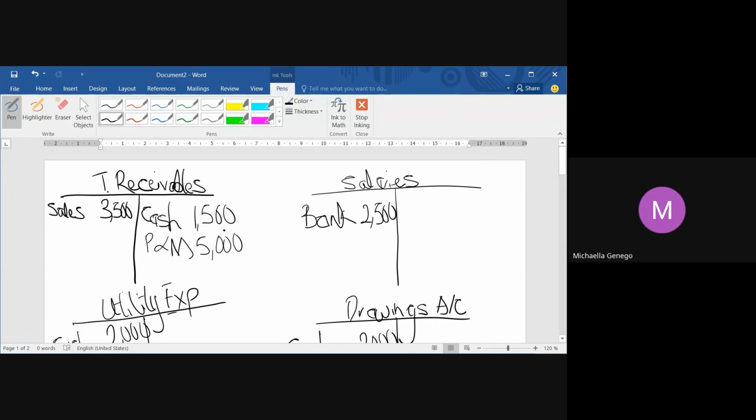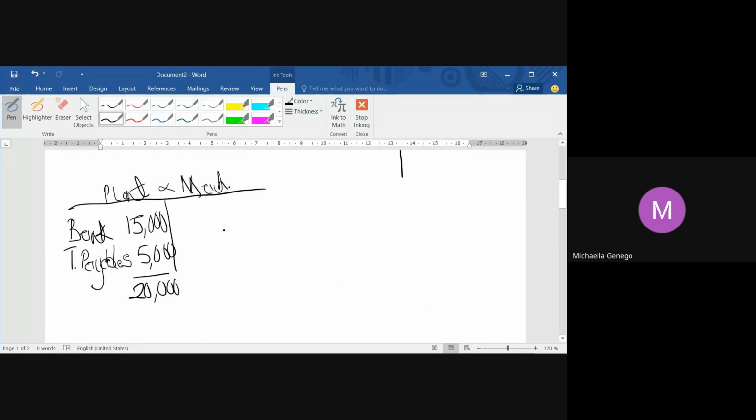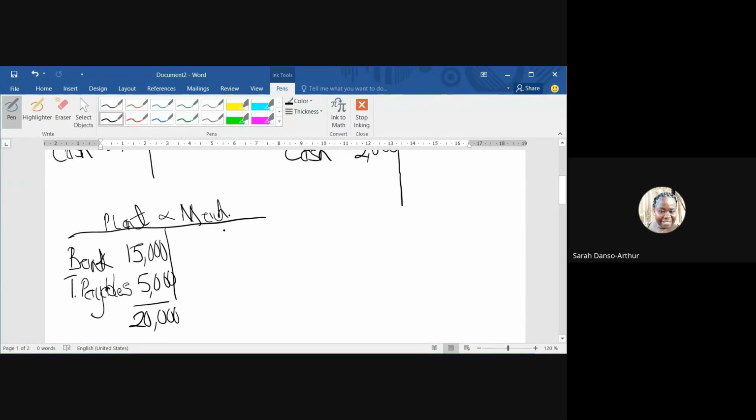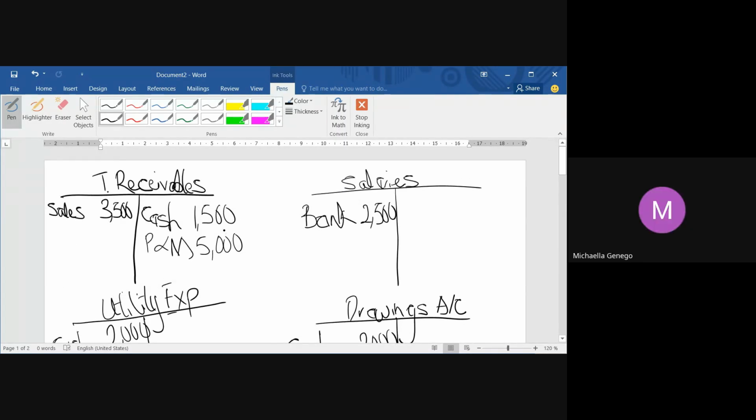Are we on the same page? Madam, we don't have a trade payable account. We have trade receivable. True, so we have to create trade payable.